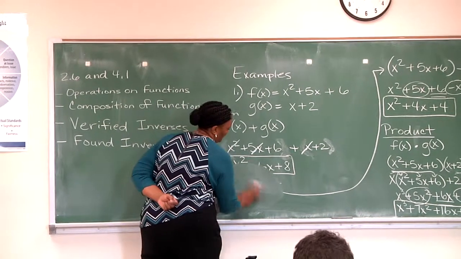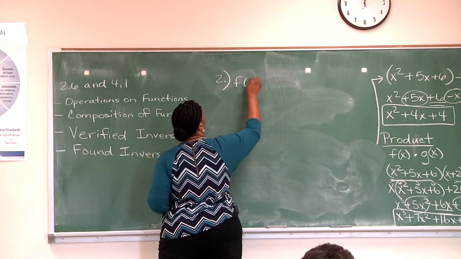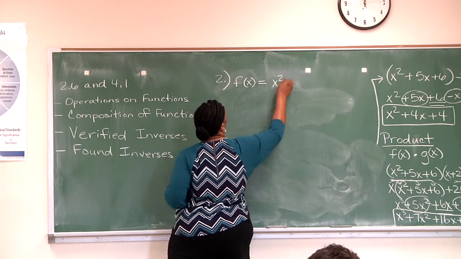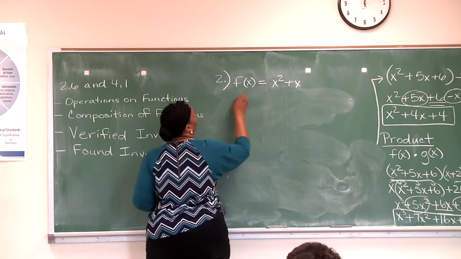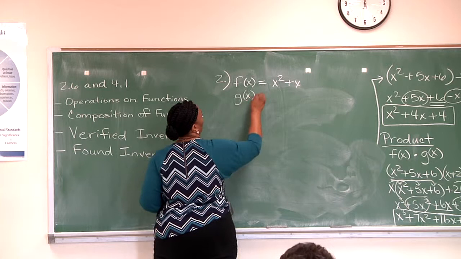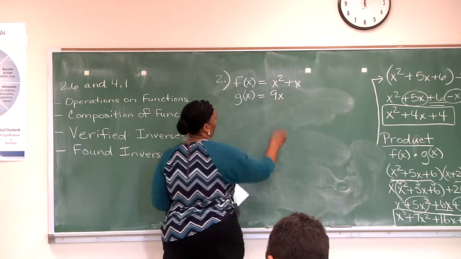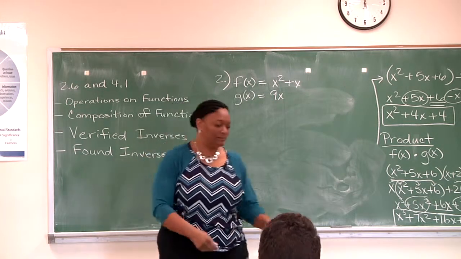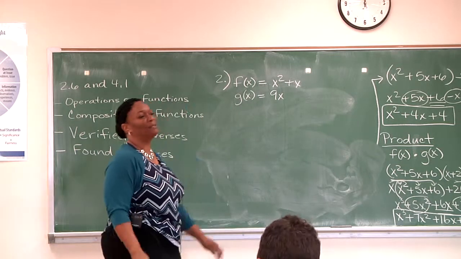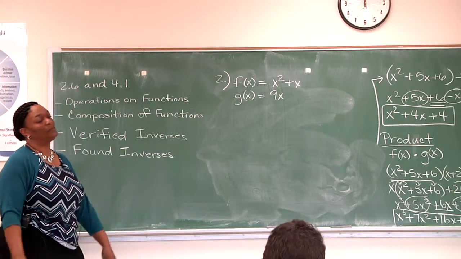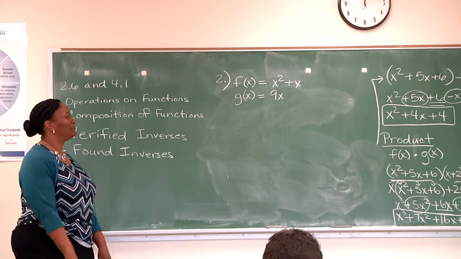Okay. f of x is equal to x squared plus x, and g of x is equal to 9x. Kept it simple for you, because I want to make sure you understand the concept.